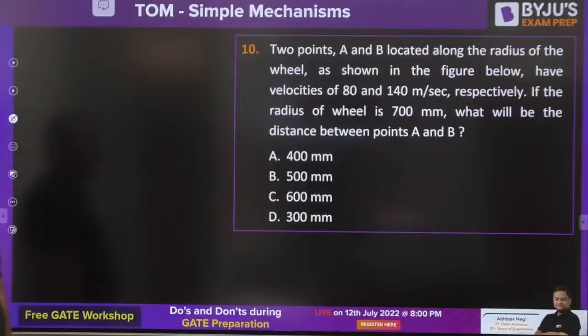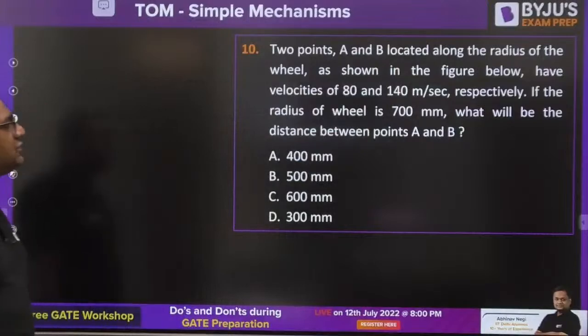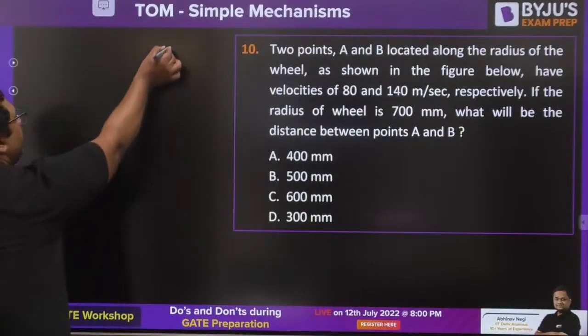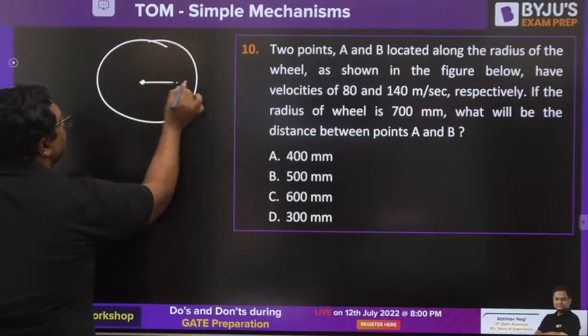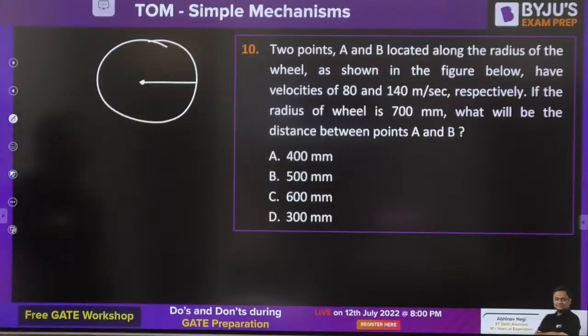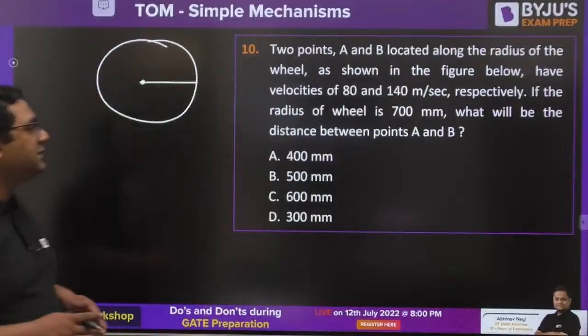Yes, question number 10. Two points A and B are located along the radius of a wheel. Consider a wheel. This is the radius of the wheel. They are saying the points have velocities of 80 and 140 meter per second.